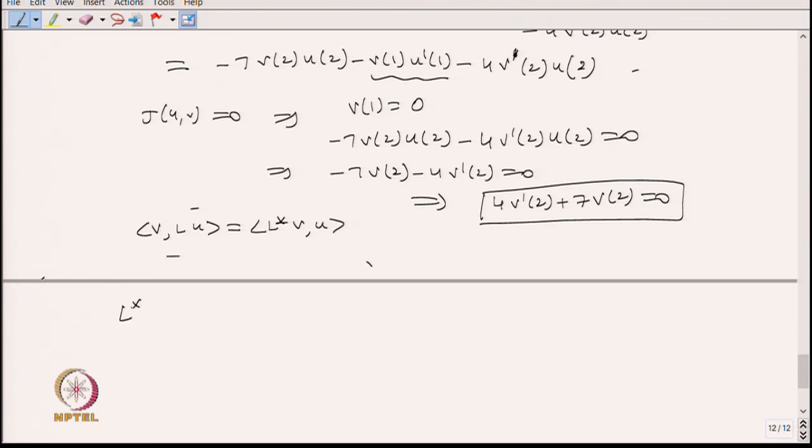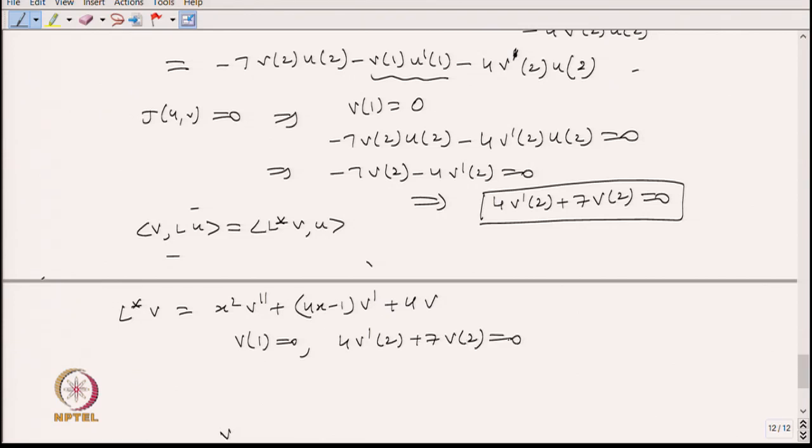Now my L star v in this case is x square v double dash plus 4x minus 1 v dash plus 4v, and I get the boundary condition that v1 is 0 and 4 v dash 2 plus 7 v2 equal to 0.